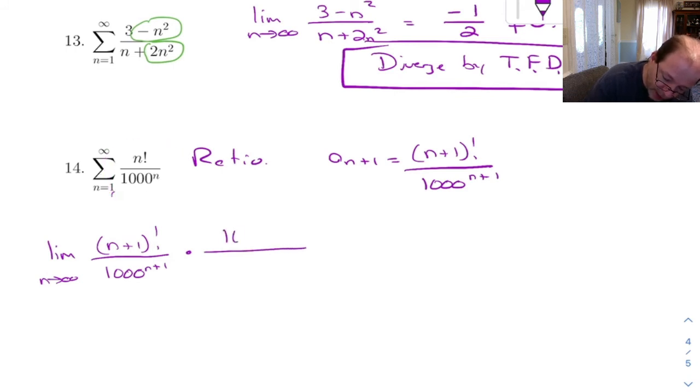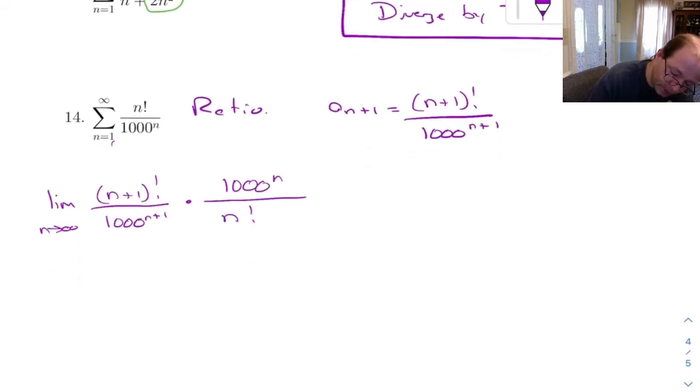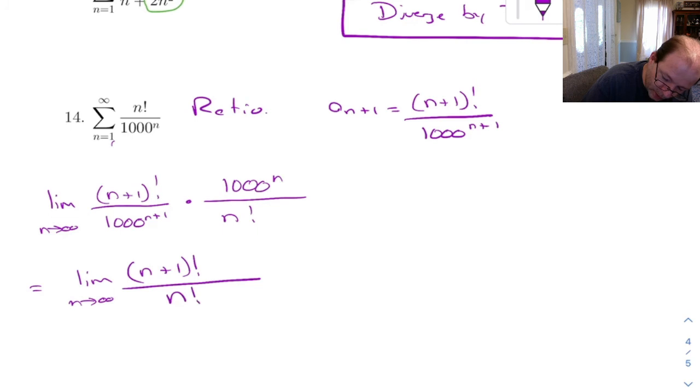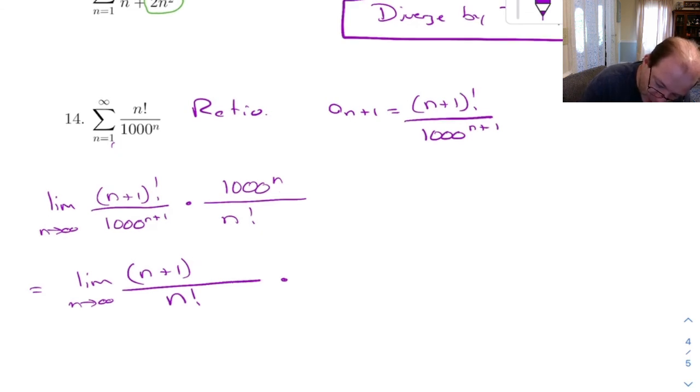So it's going to be 1,000 to the n over n factorial. So I'm going to rearrange this. N plus 1 factorial, I'm going to put that over n factorial. And I'm going to go ahead and rewrite it. Instead of calling it n plus 1 factorial, I'm going to unroll that n plus 1 out of there. So it's n plus 1 times n factorial.